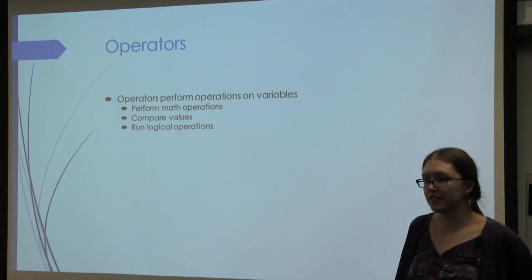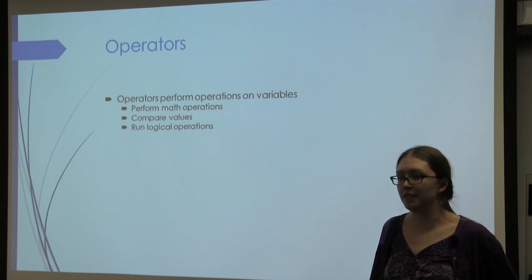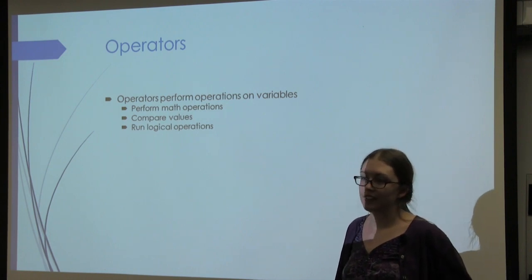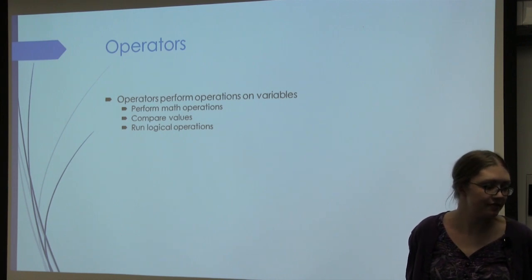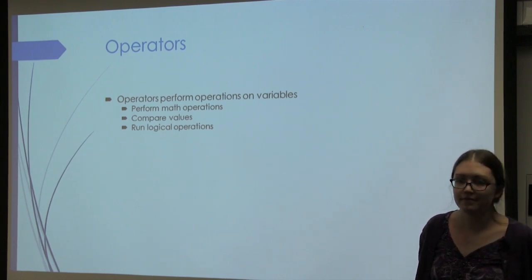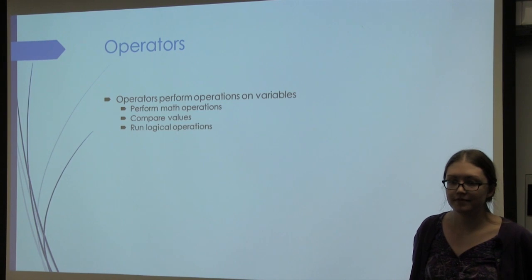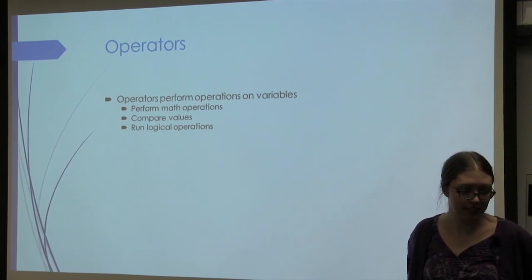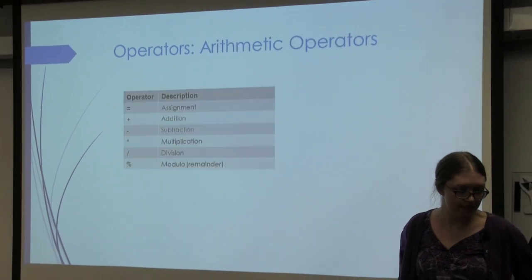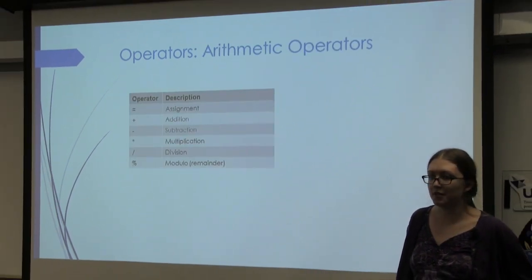Operators, this is where you get into your equals, doing arithmetic, addition, subtraction. Basically, an operator does something with variables. Very generic because there's a lot of different operators that do a lot of different things. So your first ones are pretty simple.